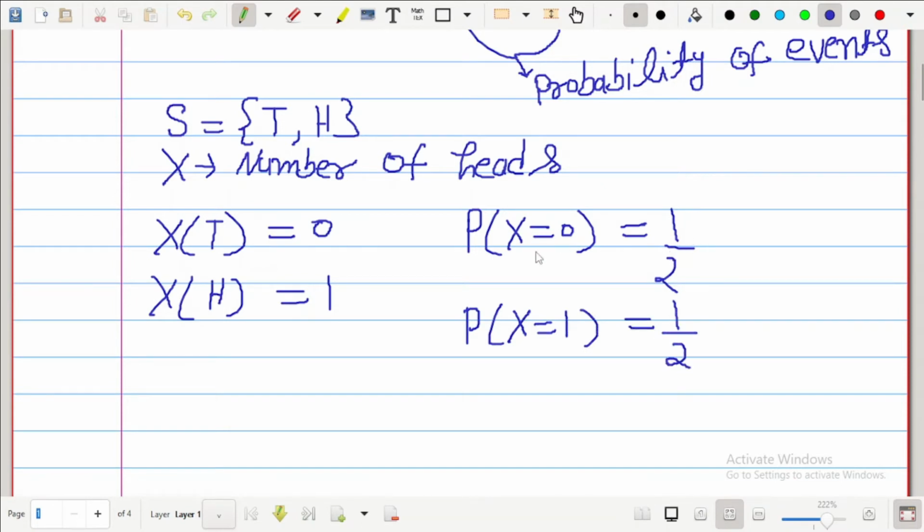That means getting 0 heads is half and getting 1 head is also half.